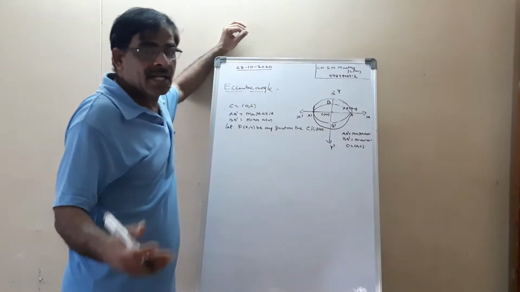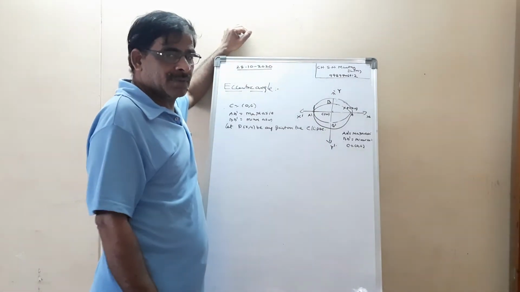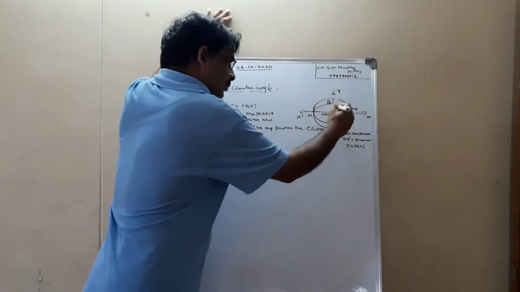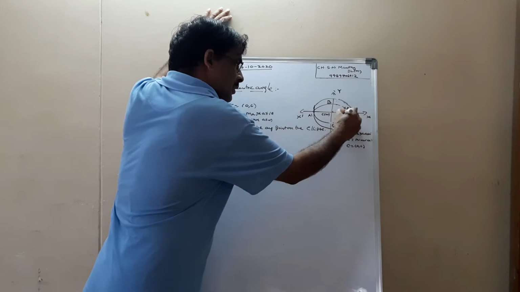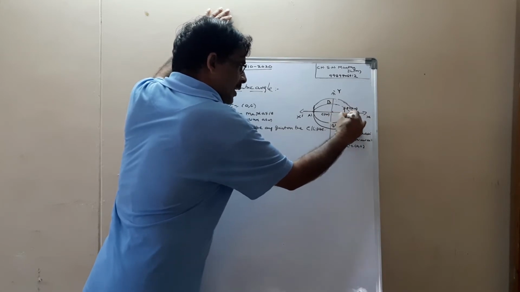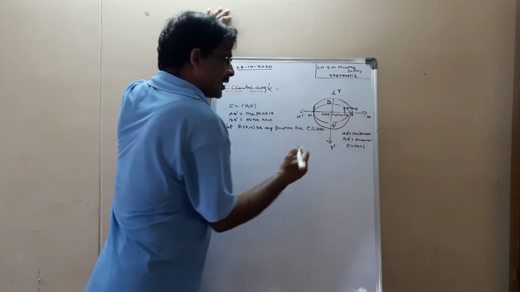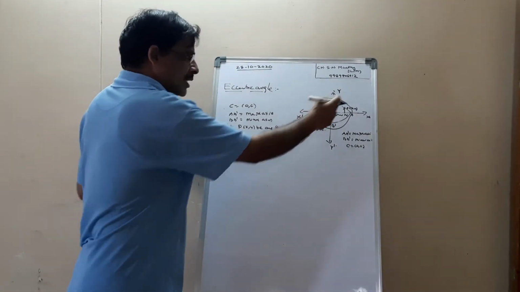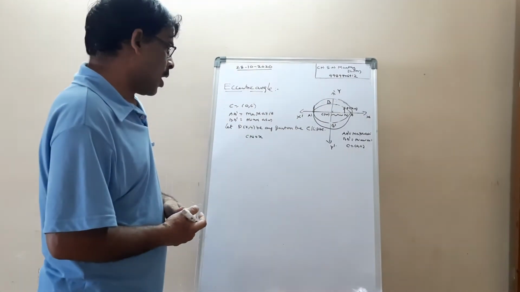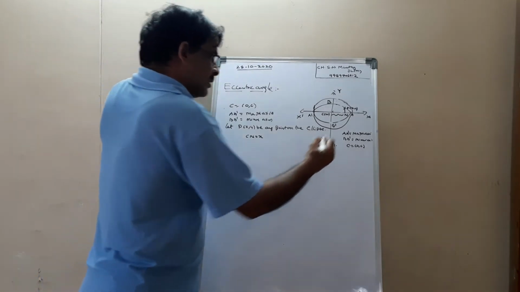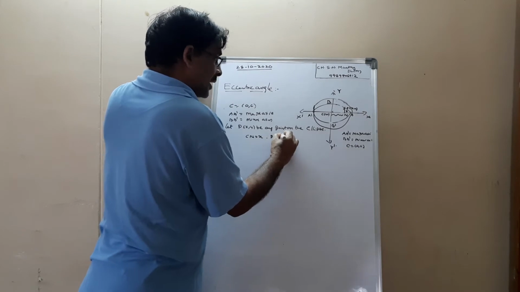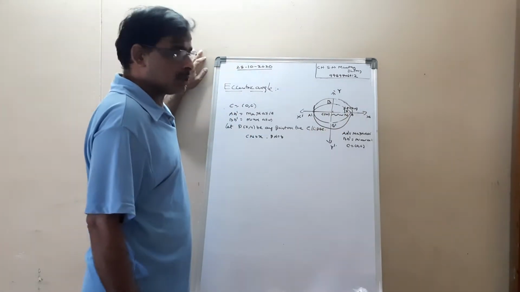Ellipse means the standard form of the ellipse, that is x square by a square plus y square by b square equal to 1. Okay. Here, suppose it will be N. What is CN? If P is x comma y, CN equals x. And what is the PN value? PN equals y, that is the ordinate, equal to y.